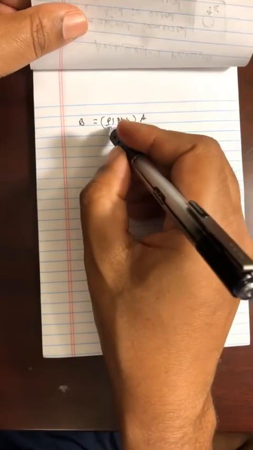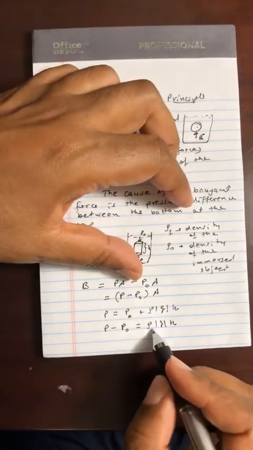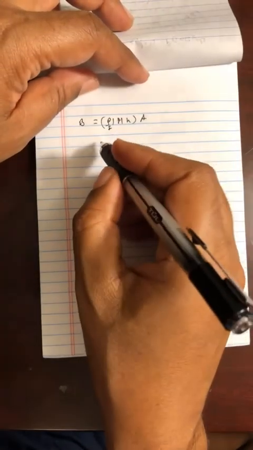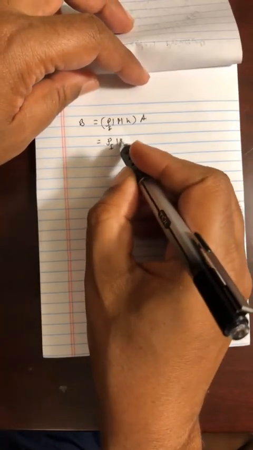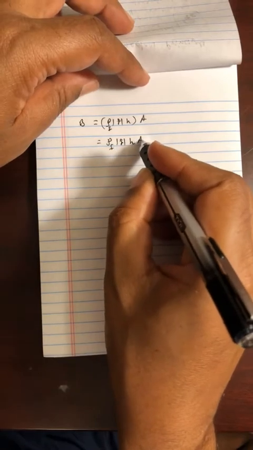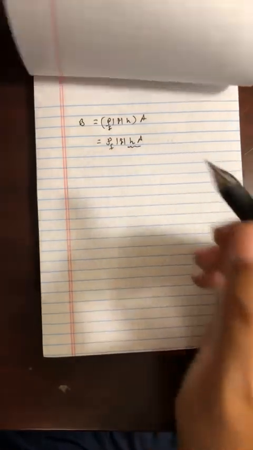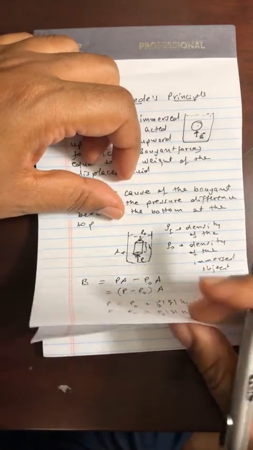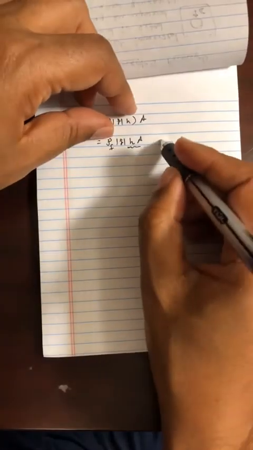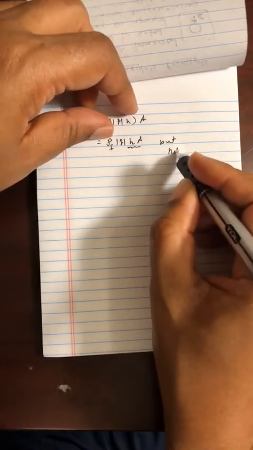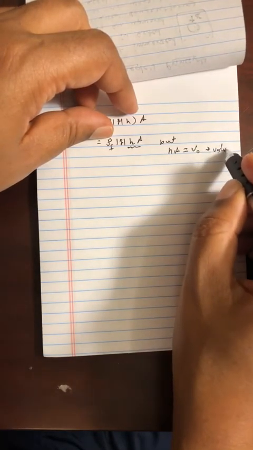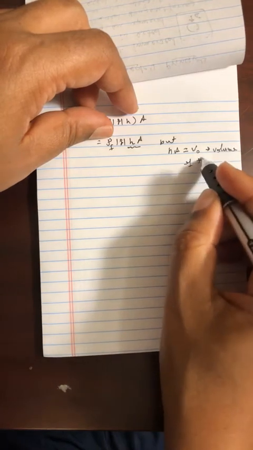Now remember, this is the density of the fluid, I should say. Now we have the density of the fluid times gravity times h times A. What does this represent? This is the height of the immersed object times the cross-sectional area. That is the volume of the object. So, h times A, that's height times area, equals V naught, which is volume of the immersed object.